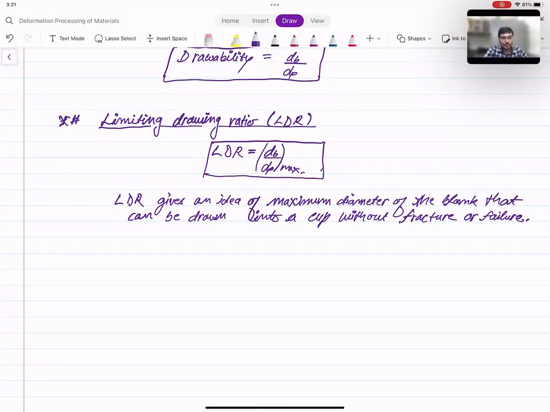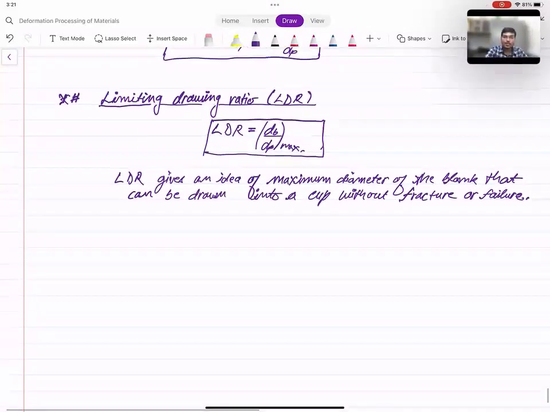Also, this limiting drawing ratio can be represented in terms of the efficiency of this drawing operation, which accounts for the losses due to friction.